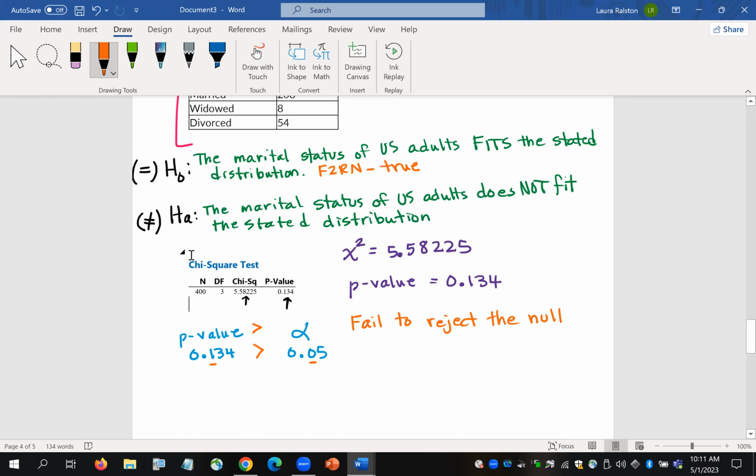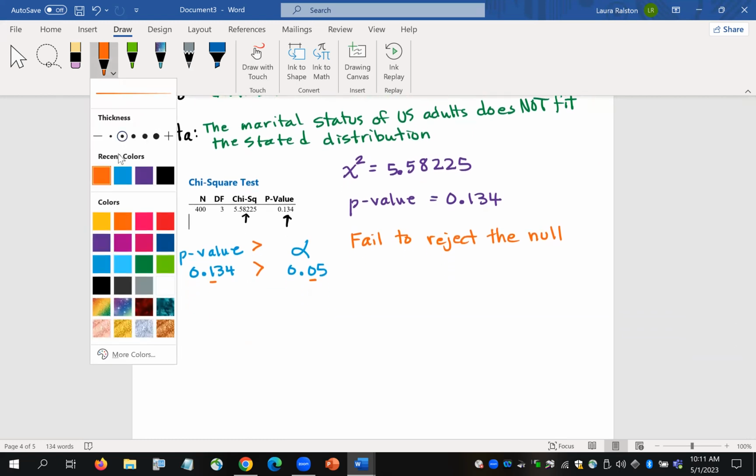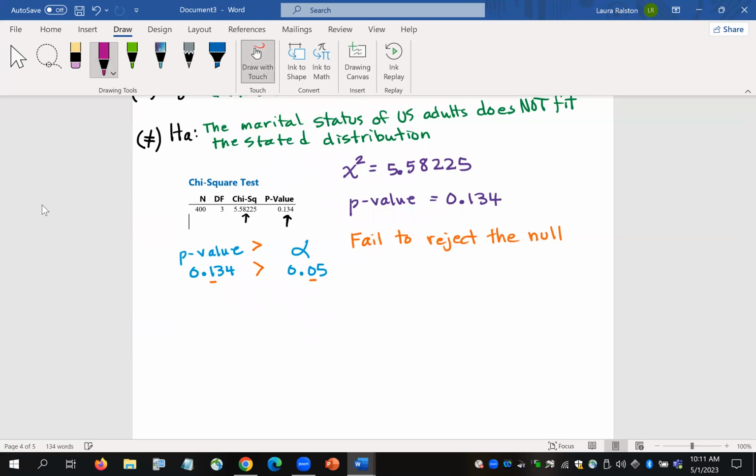So based on the evidence that we have, the marital status of U.S. adults fits the stated distribution. Okay, so that would be my final conclusion.